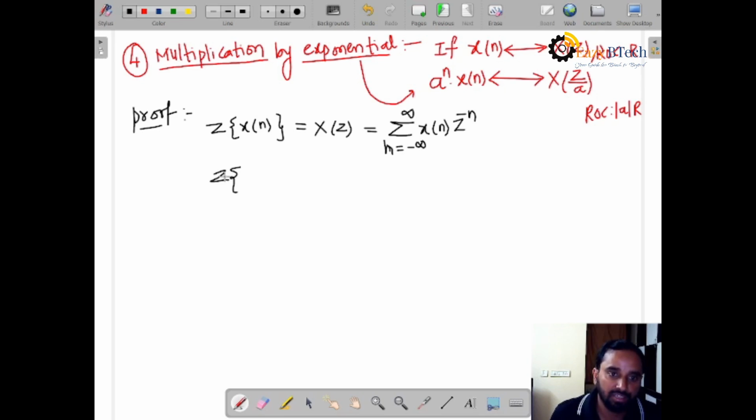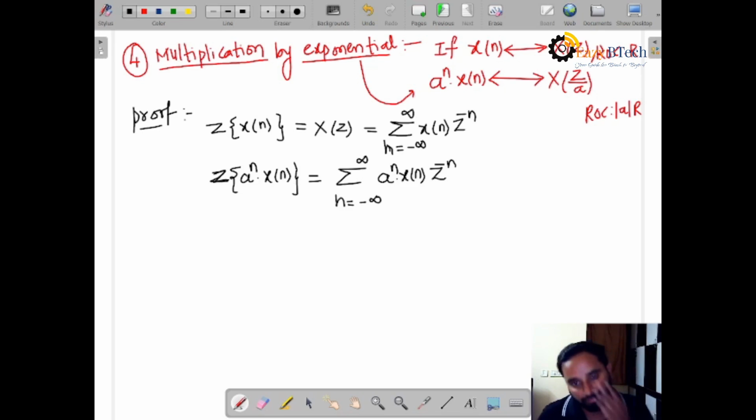So consider the Z transform of a power n x of n, which is equal to summation n equals minus infinity to plus infinity of a power n x of n z power minus n.